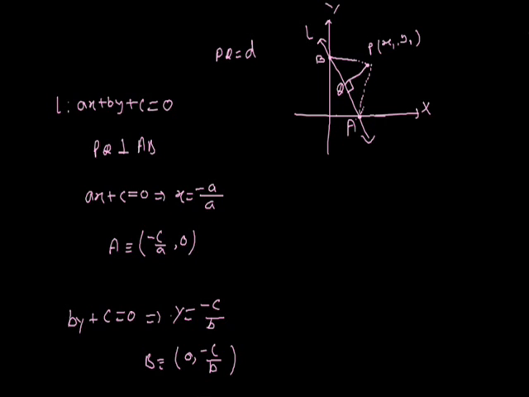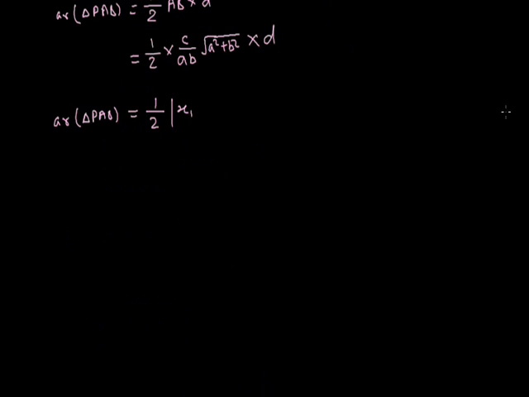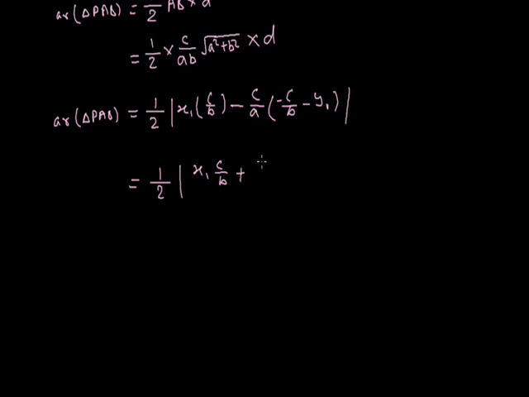So we can find the area of triangle PAB like this: x1 into c by b minus c by a into minus c by b minus y1, mod. So here after solving this we get half mod x1 c by b plus c square upon ab plus y1 c by a.